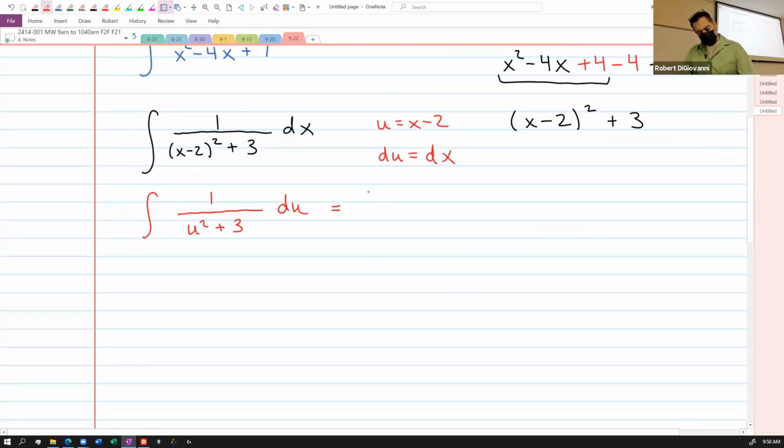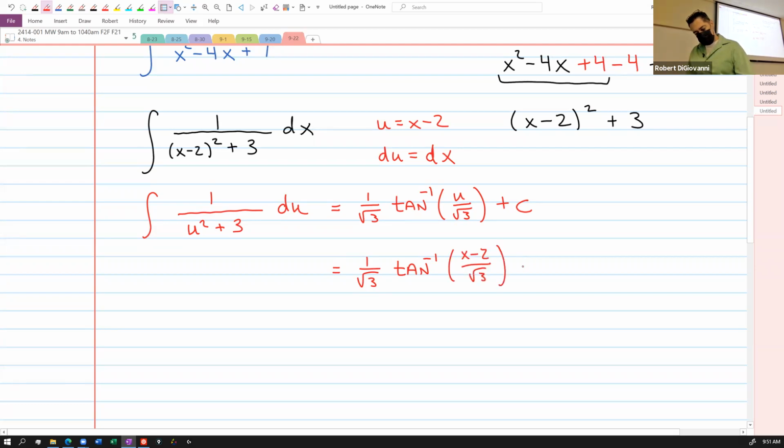So I'm going to get 1 over root 3 arctangent of u over root 3 plus c. And don't forget one more step: replace u with x minus 2. So 1 over root 3 arctangent of x minus 2 over root 3 plus c. There we go.